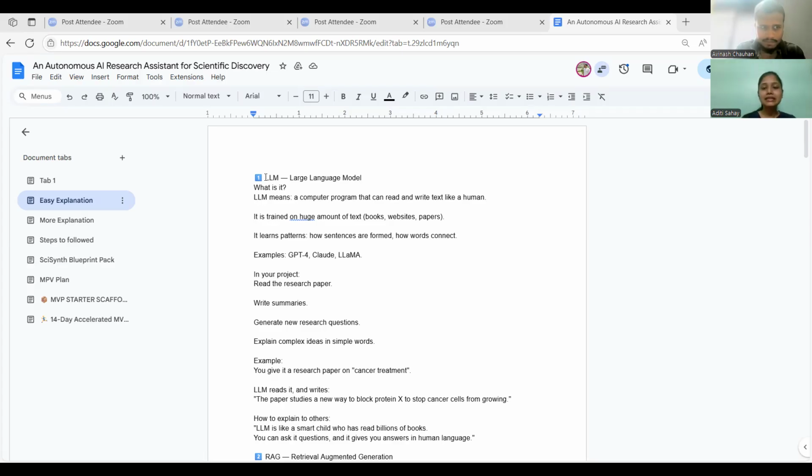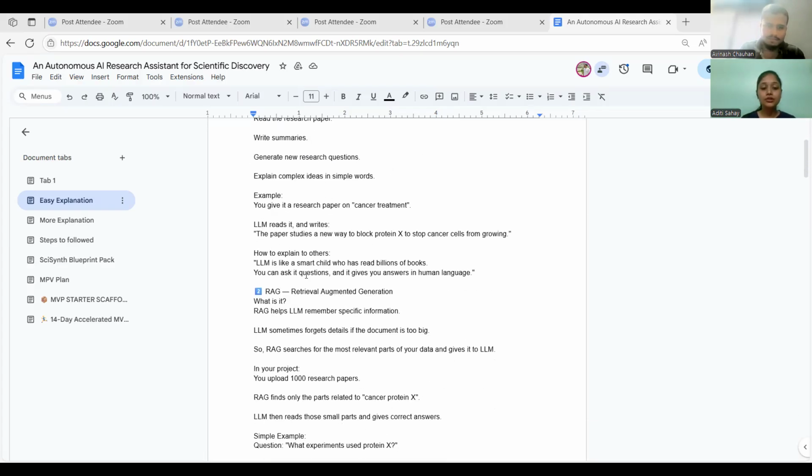Whenever you are drafting a mail and you write "dear", then automatically "sir" comes up, right? So this is what LLM does. LLM helps you to predict the next word by seeing the last word or by checking the patterns.